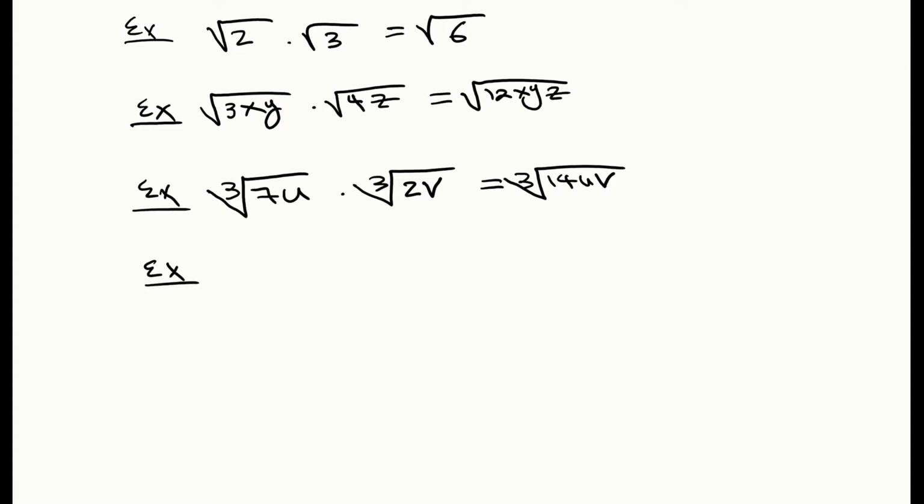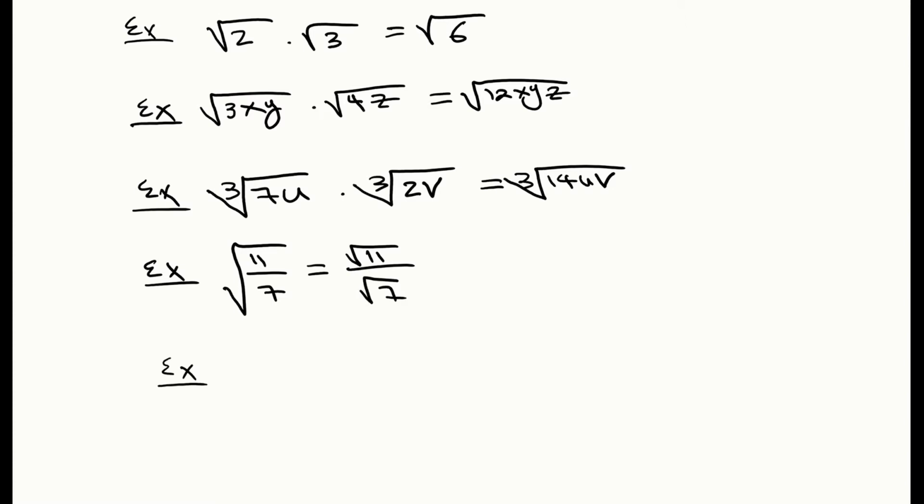And we can also use the quotient rule. For example, let's say we have the square root of 11 over 7. We can always break that up as the square root of 11 over the square root of 7.